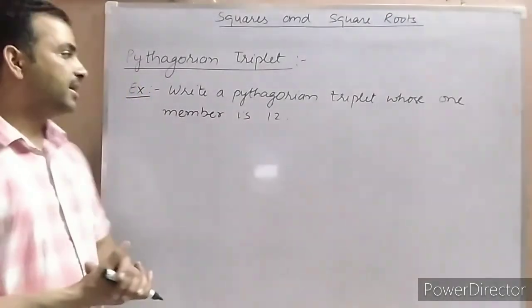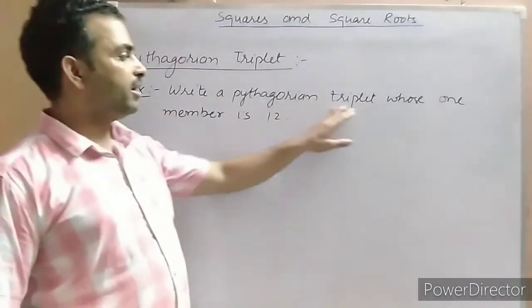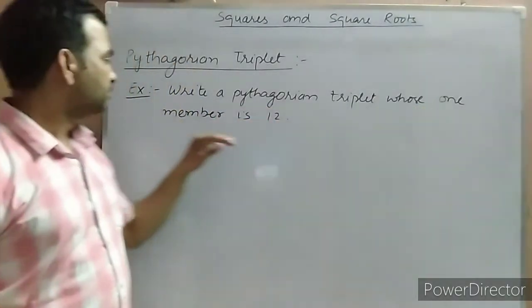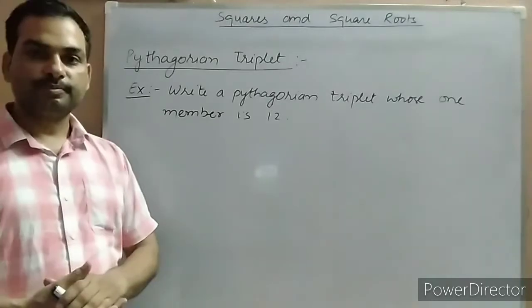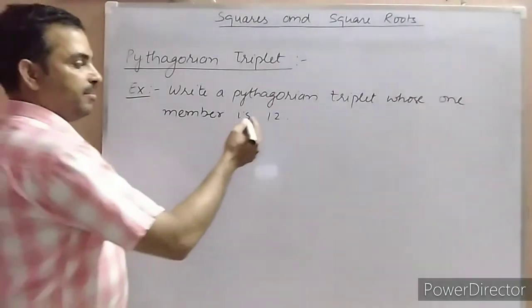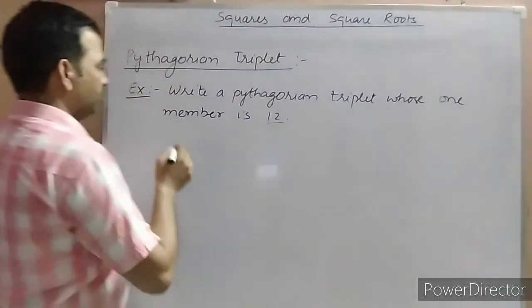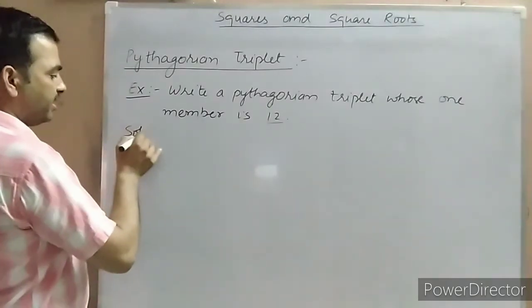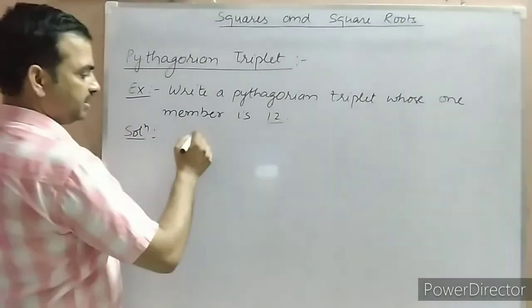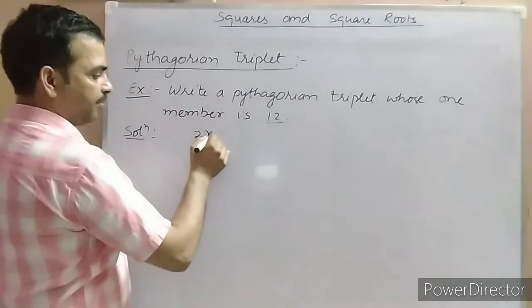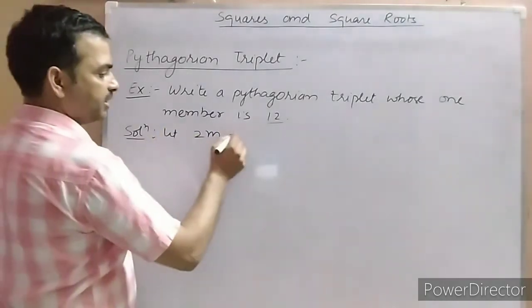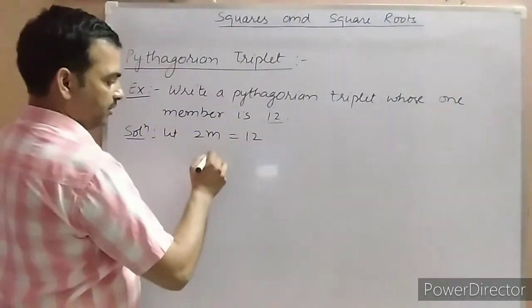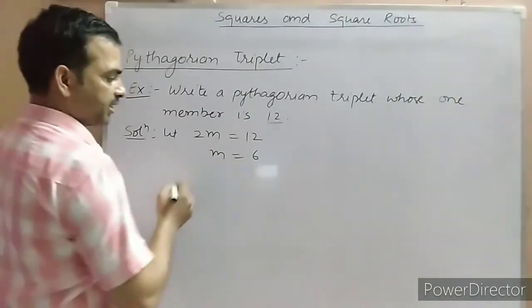Now the next example is: write a Pythagorean triplet whose one member is 12. So the given member is an even number, so always we can take this as equal to 2m. So let 2m be equal to 12. So we get m equal to 6.